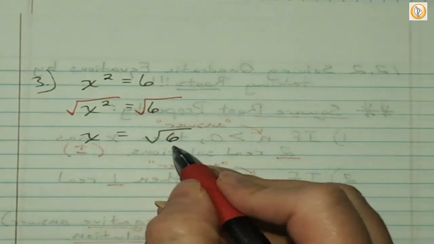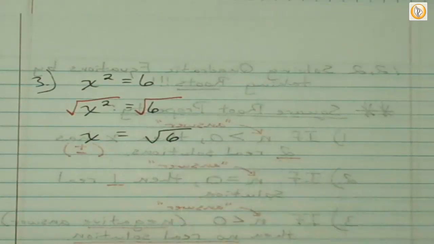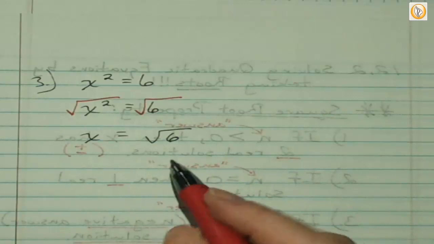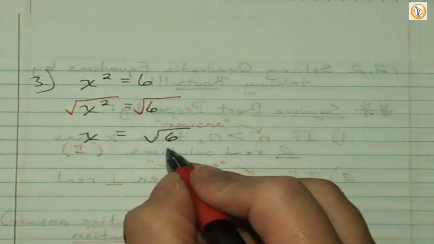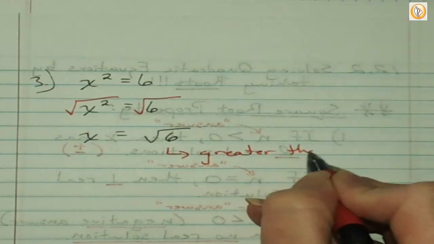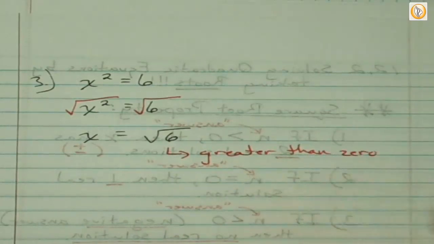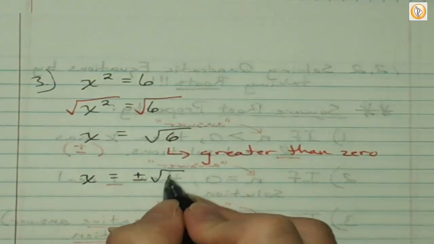Because really, the square root of 4 is 2 times 2, the square root of 9 is 3 times 3. If you were to work this out on the calculator, it would still be greater than 0. Therefore, your answer is plus minus square root of 6.